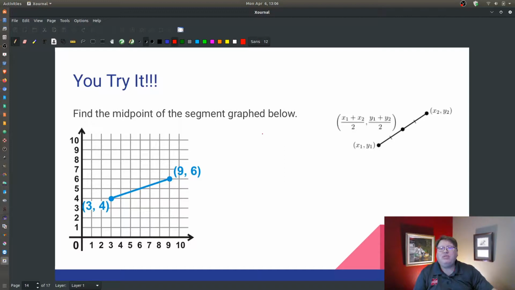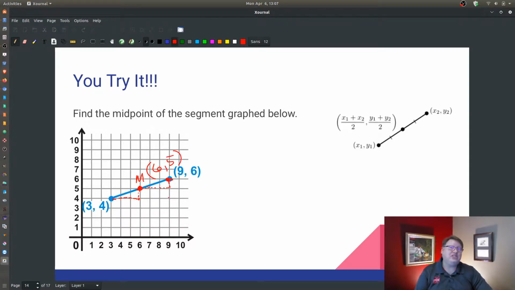So if I move over to the right, 1, 2, 3, and then up 1, I find myself at this point. And if I move over 3 units to the right and up 1, I found myself at the end point. So if that's the case, then this must be the midpoint, and its coordinate is located at 6, 5.